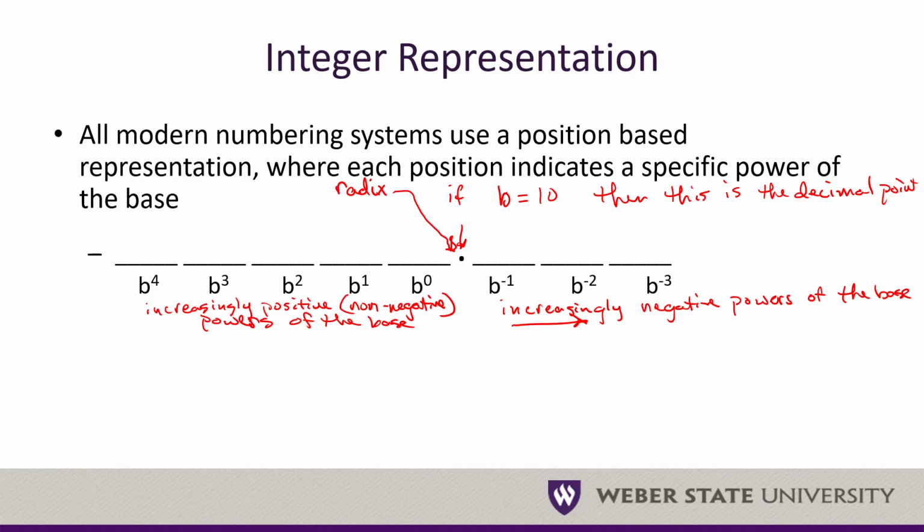What else do we use in computers? One of these is not used very much anymore. Octal. We used to use octal because, let's see, some of the early computers were 8-bit computers.